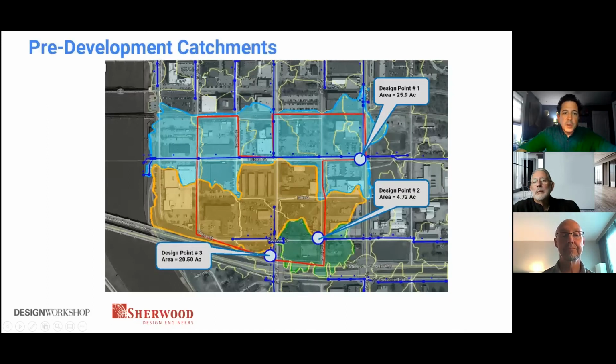And then based on that, we mapped the watersheds that impact specifically the site and understand where they actually go, and then tried to figure out at each of those design points, as we call them. So each one of those gray circles there is a point at which water exits this district, this neighborhood, this multi-parcel district.